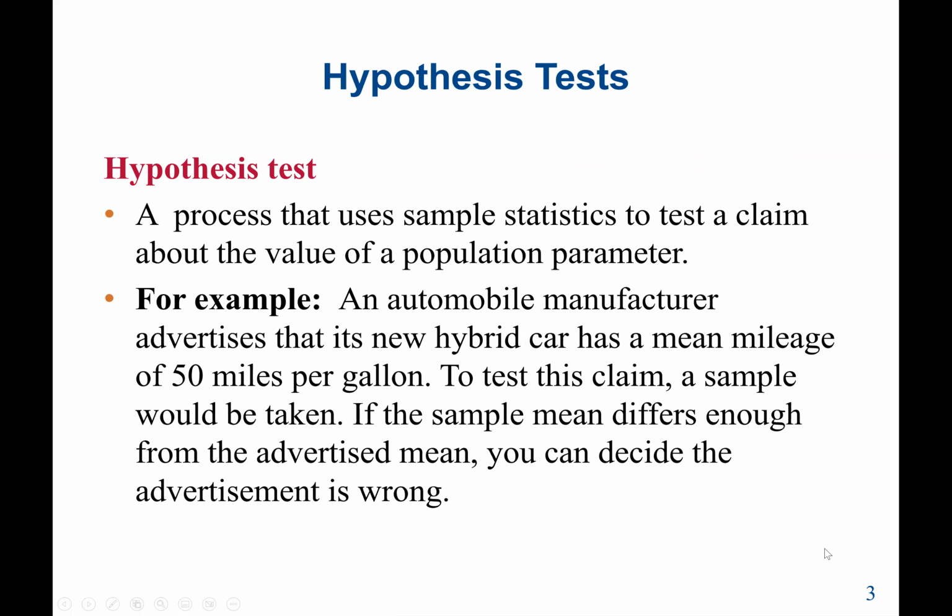So, for example, an automobile manufacturer advertised that its new hybrid car has a mean mileage of 50 miles per gallon. Now, to test this claim, we need to collect a sample. Now, if the sample mean differs enough from the advertised mean, then we can decide that the advertisement is wrong.